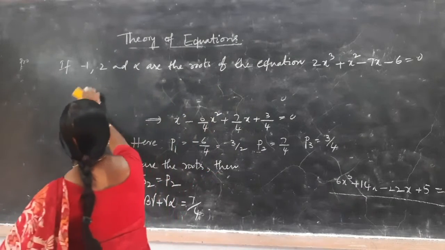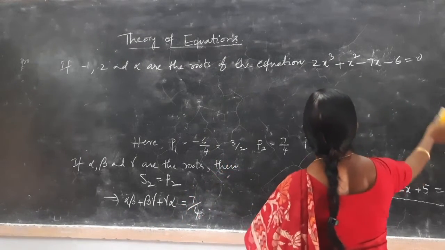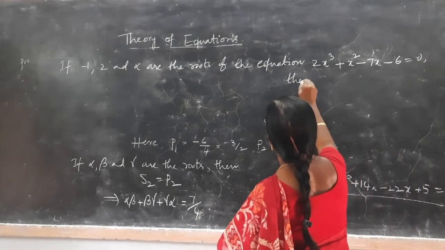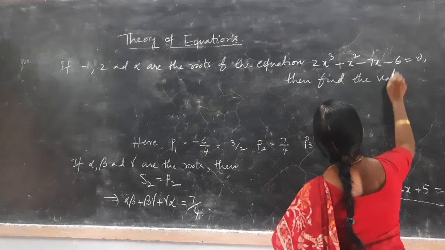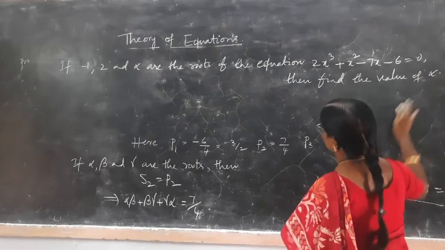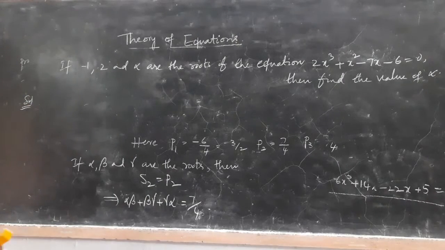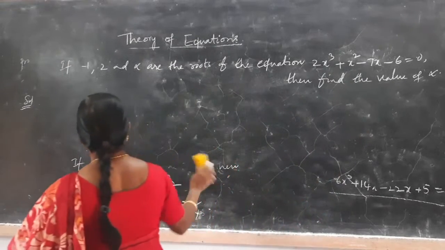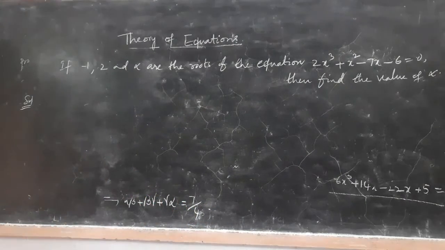If minus 1, 2 and alpha are the roots of the equation 2x cube plus x square minus 7x minus 6 equal to 0, then find alpha. Find the value of alpha. Minus 1, 2, alpha are the roots of this equation.